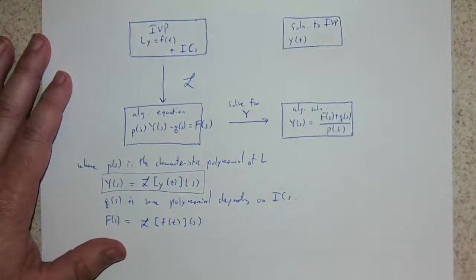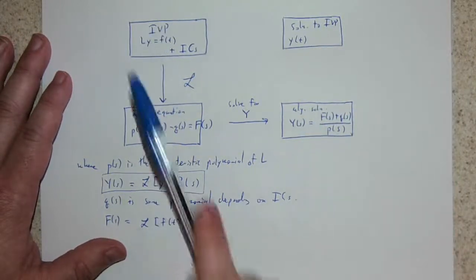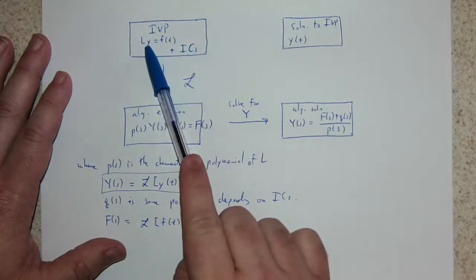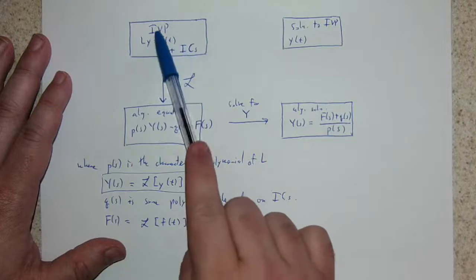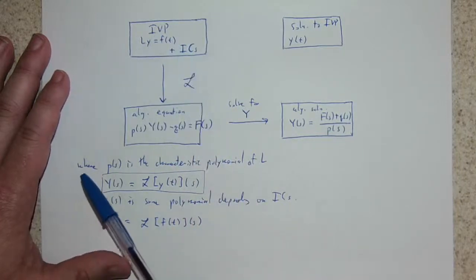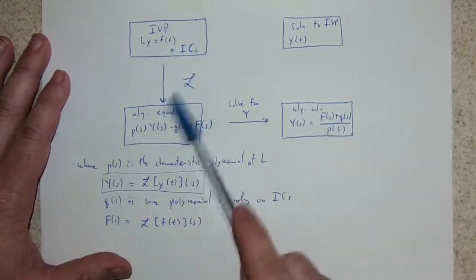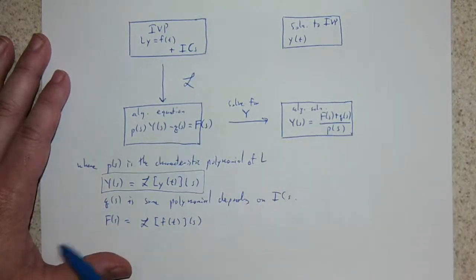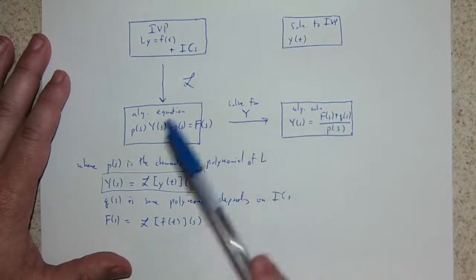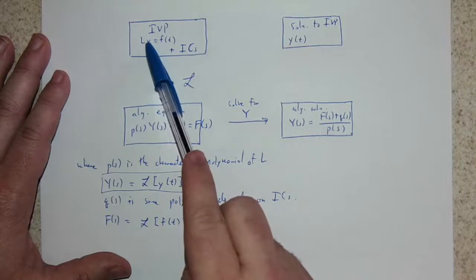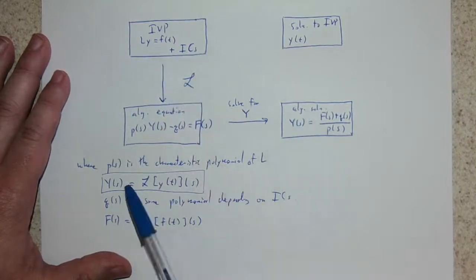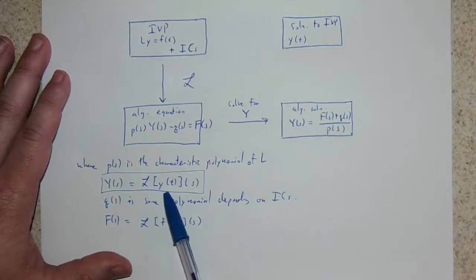So what I have done in this process is I started with an IVP looking for an unknown function little y that solves this IVP, so this differential equation plus these initial conditions. What I did was I hit that IVP with a Laplace transform and solved the resulting algebraic equation for an algebraic solution, big Y of s. So instead of finding little y, I found big Y, which is not little y, it's the Laplace transform of little y.